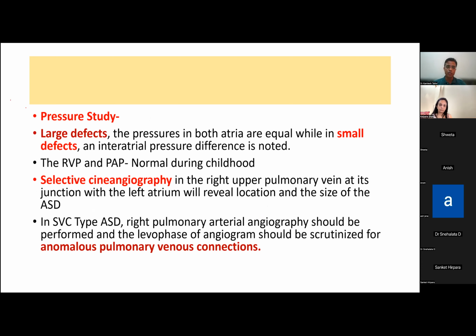The pressure study is usually not necessary when there is a large defect, because a large defect will obviously equalize the pressure between the RA and LA. But because of a large defect, there will be higher PA pressure.